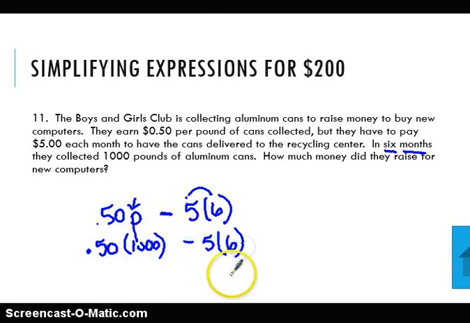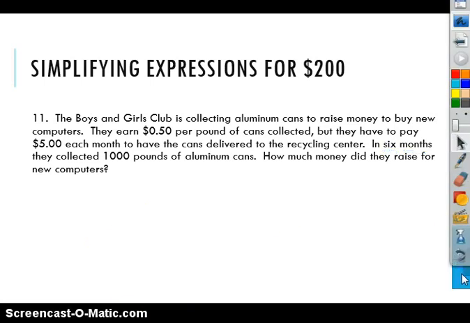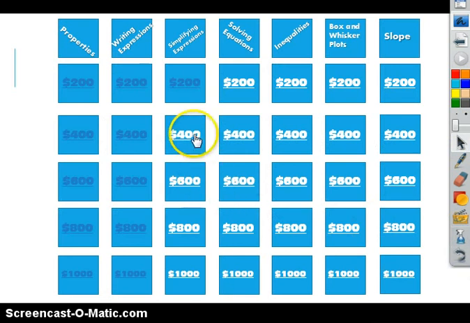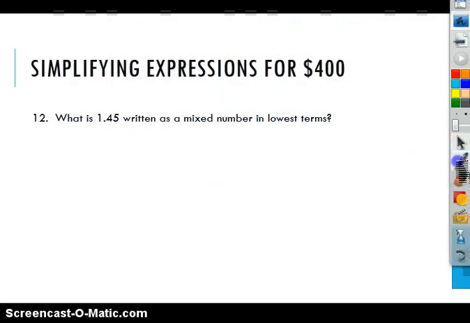So this is my expression, and I go ahead and evaluate this. 0.5 times 1,000 is going to give me 500 there. Minus the 30 is 470. Alright, I did a good job on that one.